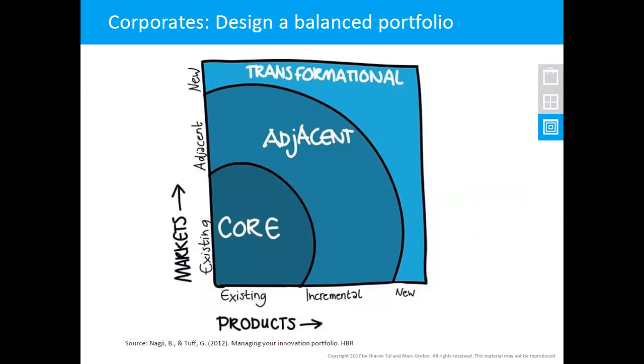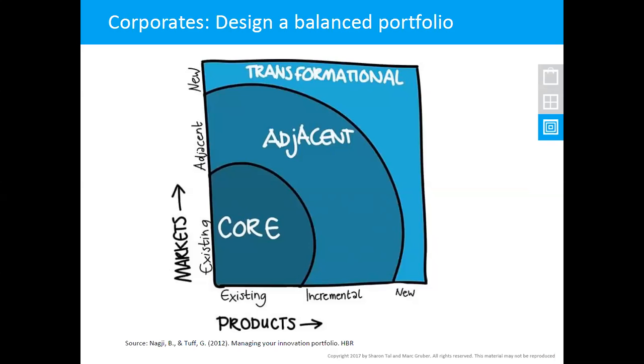So Nagji and Tuff developed this portfolio idea where you need to keep in your innovation funnels ideas or innovations that are called core, adjacent, and transformational.